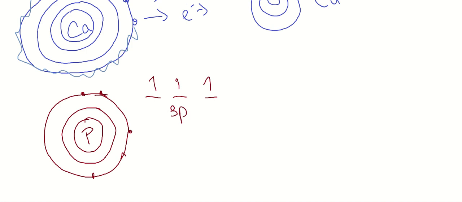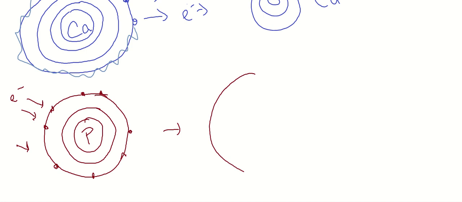So it can gain 3 more, which is what it's going to do to become 3 negative. So these electrons, 1, 2, and then 3. 3 electrons it's gaining, and now it's going to balloon up.